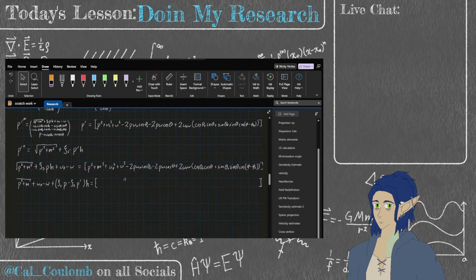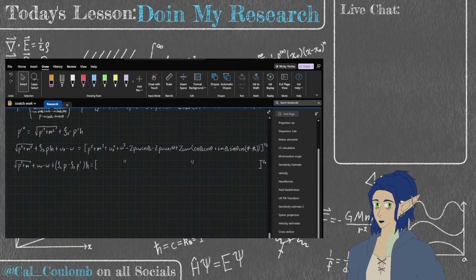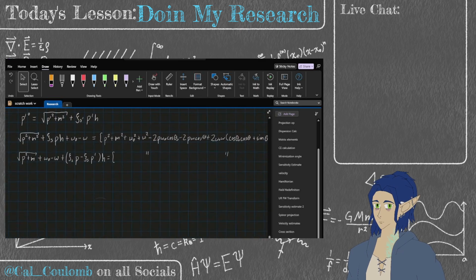All right. And now we just need to square both sides to get rid of the square root here. But we keep in mind that we can ignore anything nonlinear in h, so anything of higher order in h, so we don't have to just square this.